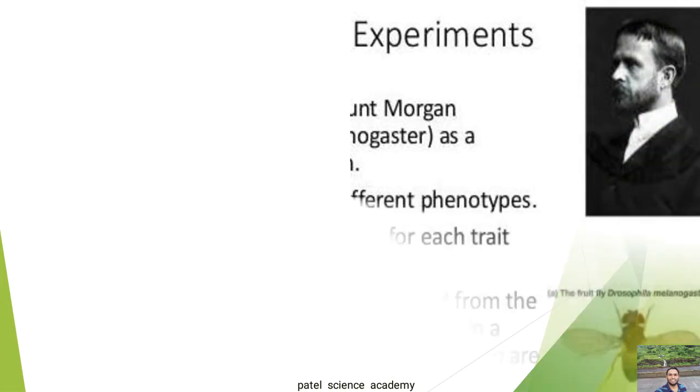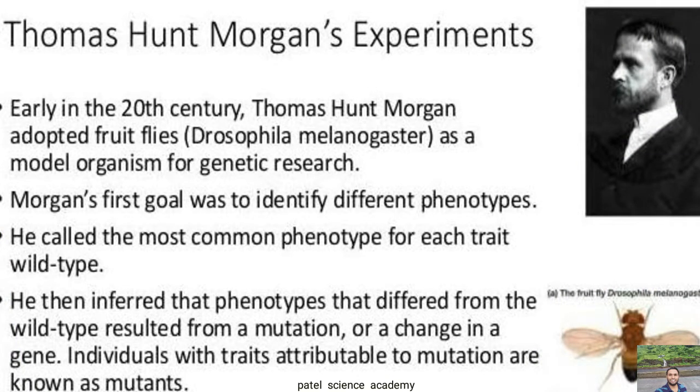So dear students, as you know, in the 20th century Thomas Hunt Morgan adapted the fruit fly Drosophila melanogaster as a model organism for genetic research. Morgan's first goal was to identify the different phenotypes, and he called the most common phenotype for each trait the wild type.